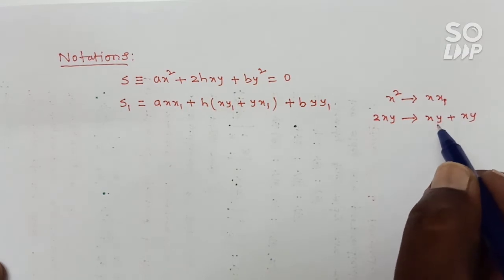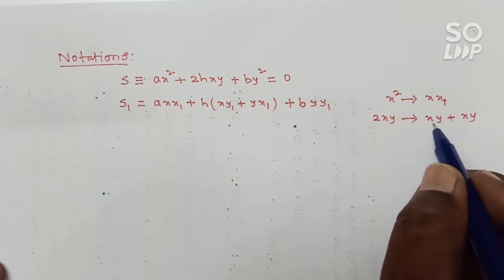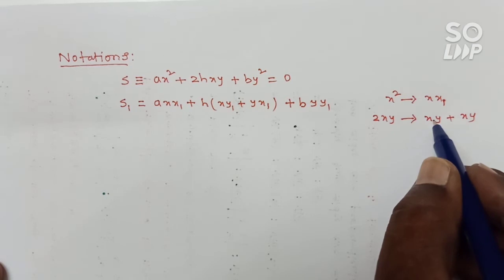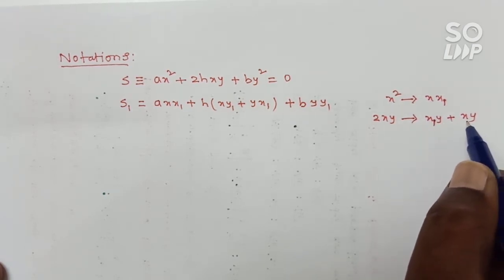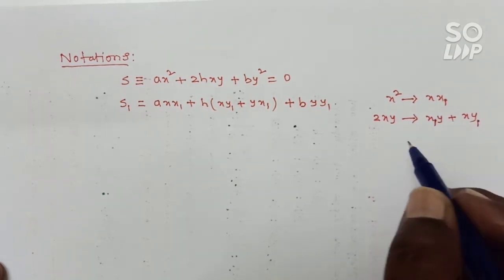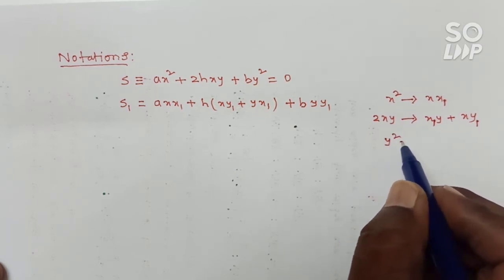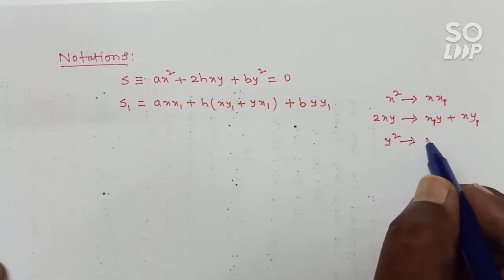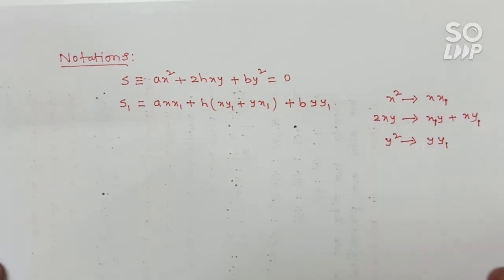In this one, in the first term, either x or y is replaced with x1 comma y1. Suppose if x is replaced by x1 in the first term, in the second term y must be replaced by y1, right? And next, in the third term, y square you can write as y into y, so one y is replaced with y1. Okay.